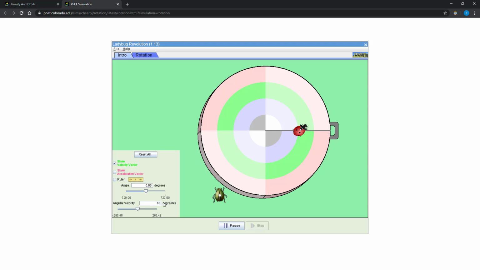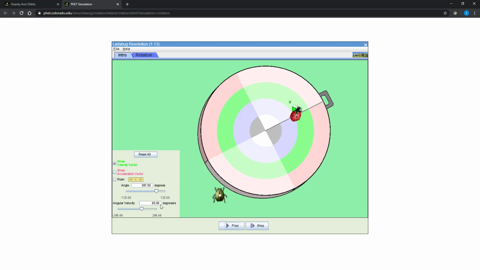Okay, let's do 60 degrees. 1, 2, 3, 4, 5, 6. Oh, that feels like it's a bit faster. Maybe the per second wasn't really working that well, but it felt roughly right.